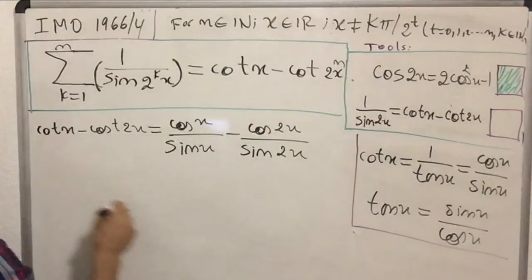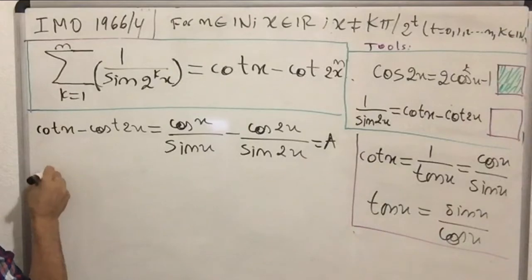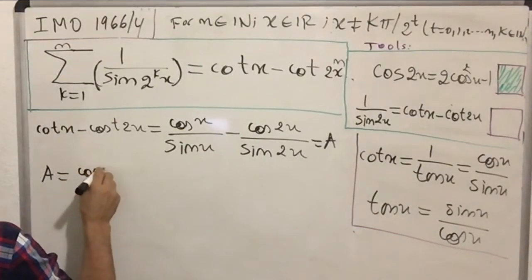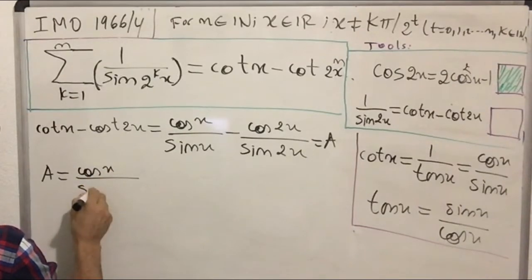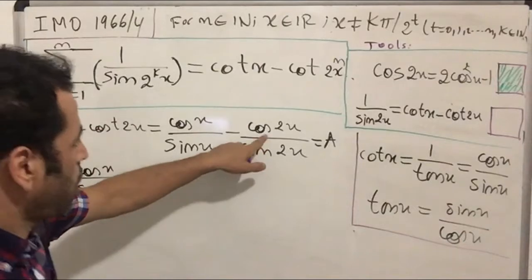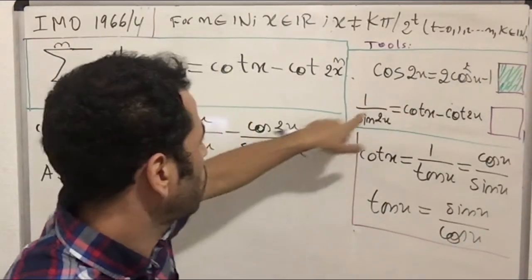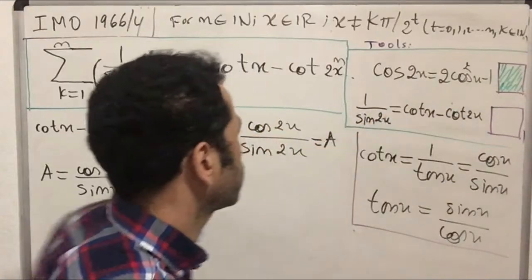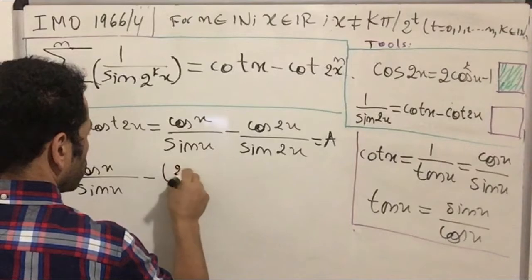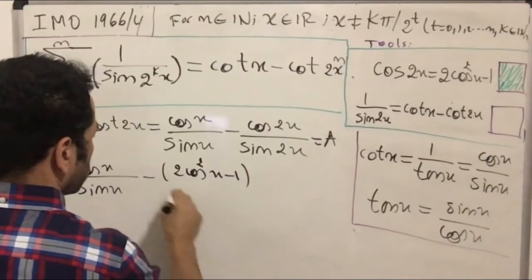So let's call it capital A. Capital A equal to cosine x over sine x minus, I already proved this in the first equation, cosine 2x equal to 2 cosine square x minus 1.